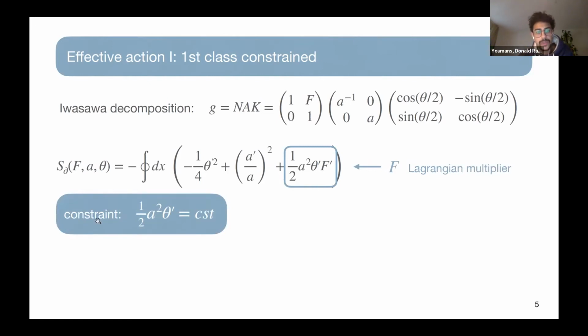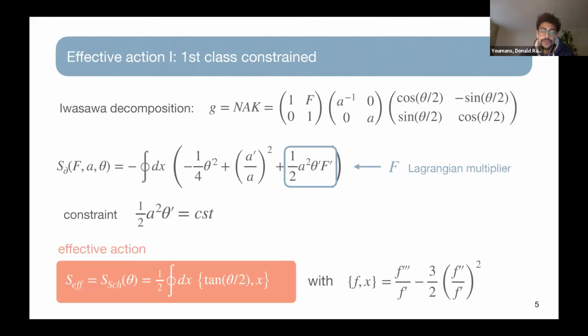In the following we want to give various interpretations of this constraint, and say why we're interested in it. Well, if we feed it back into the action, then we find an effective action which goes as the Schwarzian theory. It will be the integral over the Schwarzian derivative of a certain function, which is just the tangent of theta over 2. So this is an effective action for theta.